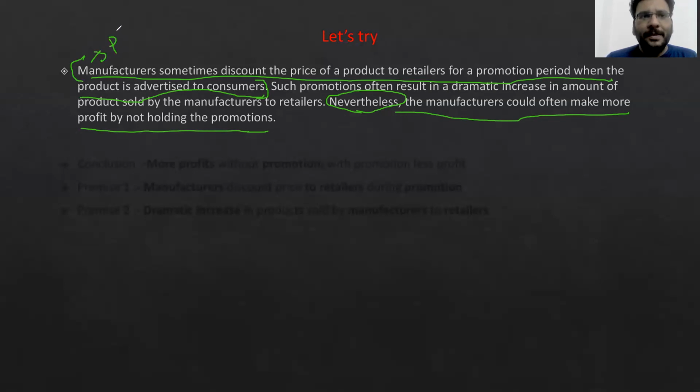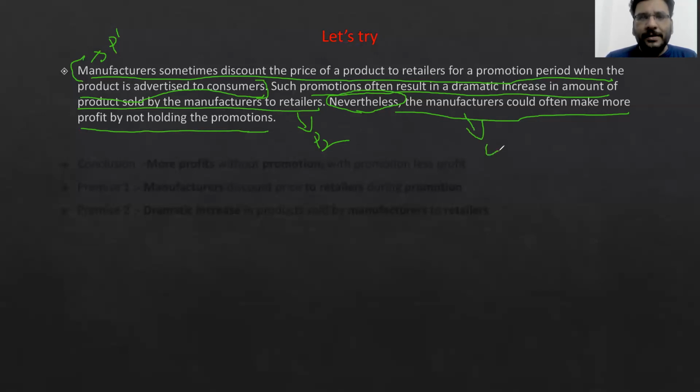So that's premise 1. And then I have another reason which says promotions result in a dramatic increase in the amount of products sold by the manufacturers to retailers. So that's my second reason for the conclusion that let's not go for promotion. So that's my premise 1 and premise 2, and this is my conclusion.